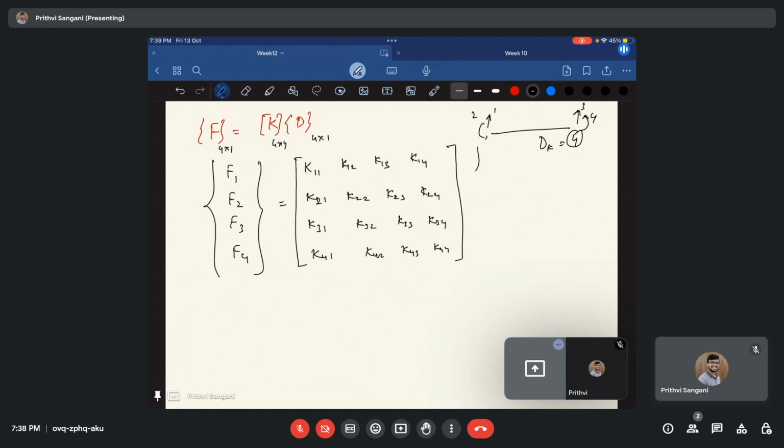Fine. So the displacements, as we have seen, we have 4 degrees of freedom, so 4 displacements are possible there. Now we'll go back and see what we have done earlier.